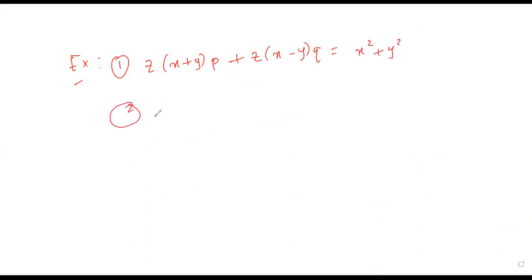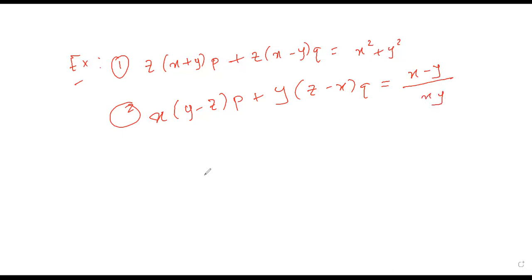Try the second question: x times (y minus z) p plus y times (z minus x) q is equal to (x minus y) divided by xy. So you can try these two equations under type number 3.